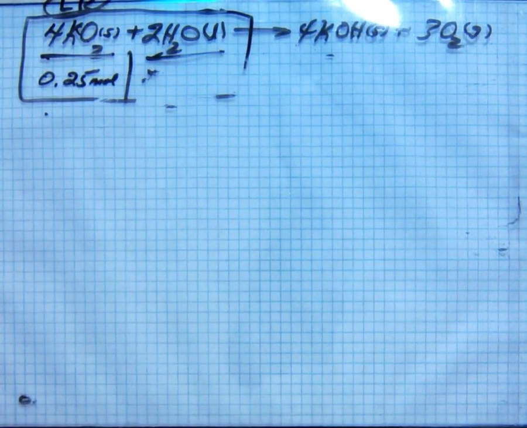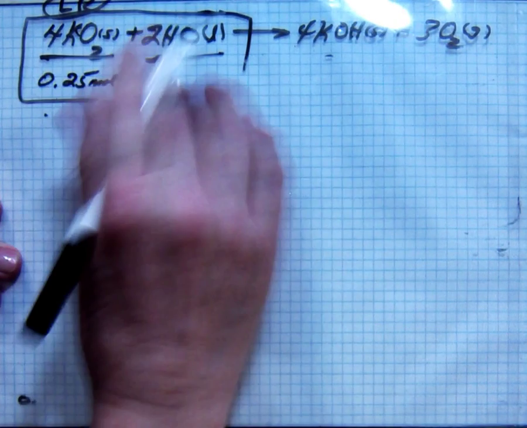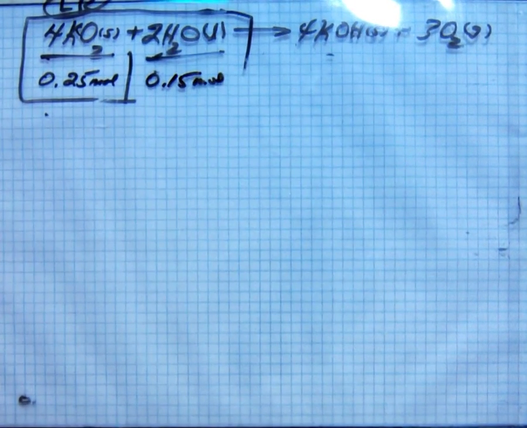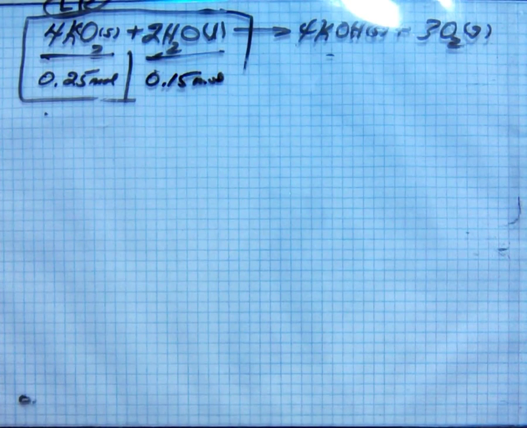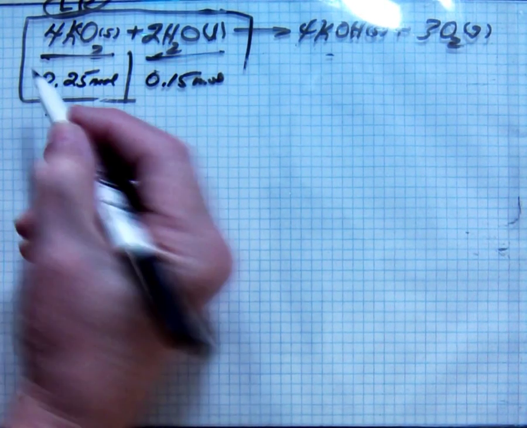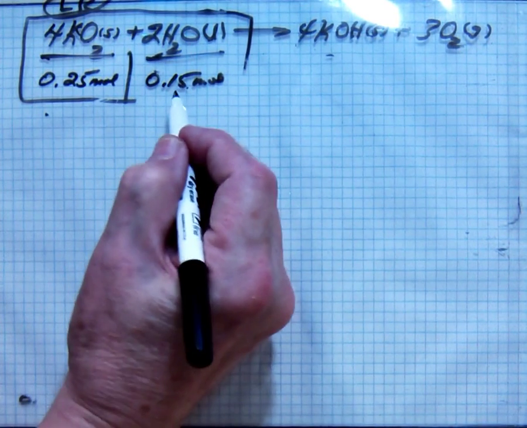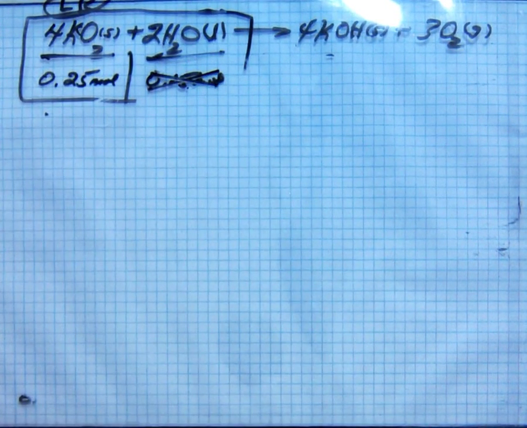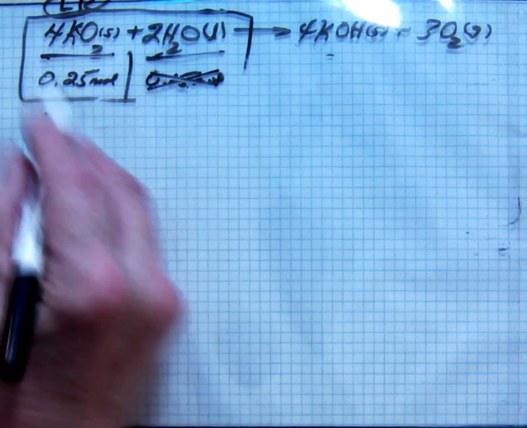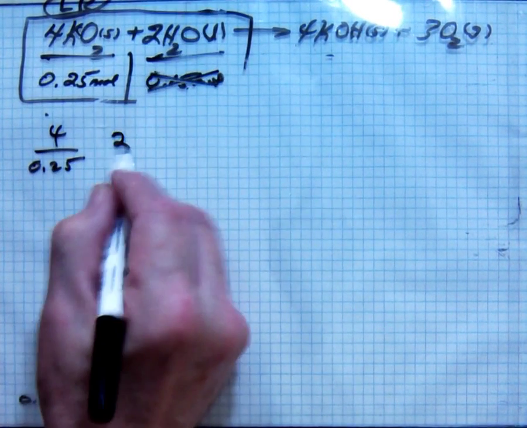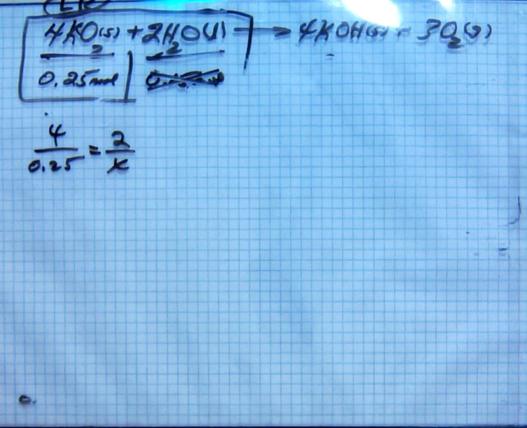Okay, we know what we're given, 0.15 mole. Okay, that's what you're given. We know this is the limiting reagent. We just did that a while ago. If this is the other one, not the limiting reagent, make it an x. See what I just did? And so it's 4 over 0.25, 2 to x, solve for x.